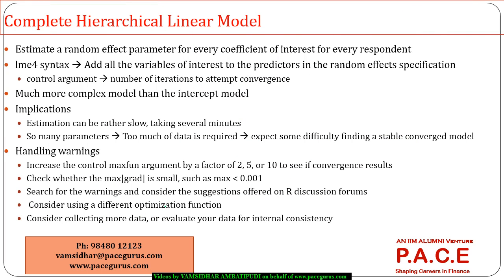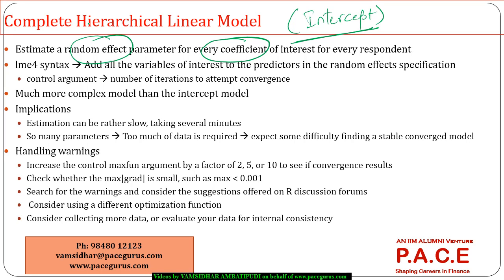Now the same logic we can extend, not just having the intercept as random. I can typically have almost every variable as part of the random effects. This is where we estimate the random effect parameter for every coefficient. I may want to take both the fixed effects as well as the random effects.